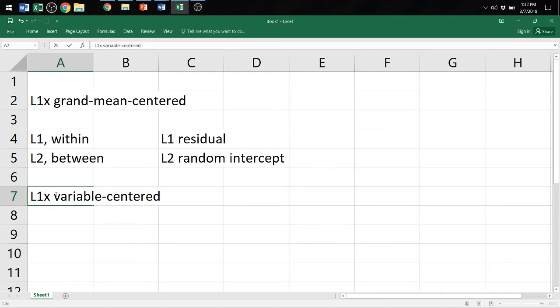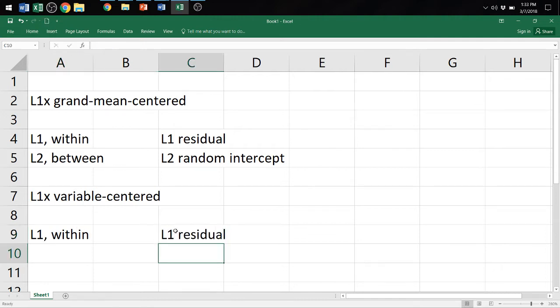It varies from case to case. Then it only has level 1 within variance, and it can only capture level 1 residual variance.